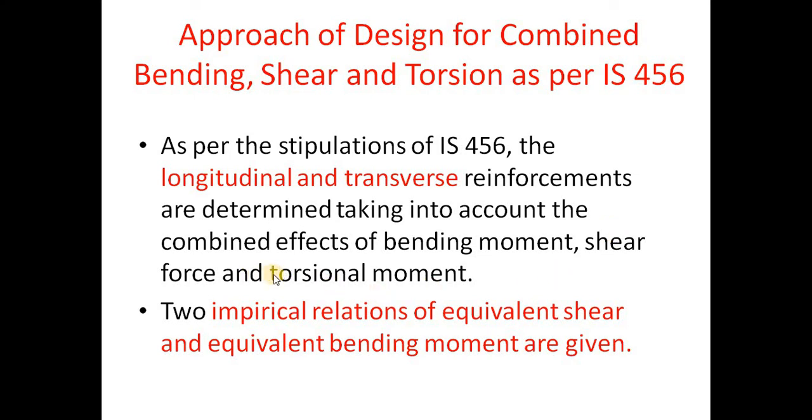I will just brief it. How do we consider this torsional moment? We are going to convert this torsional moment into a bending moment and shear force, and we are going to call them the additional bending moment and additional shear force. They are additive to the bending moment and shear force. So how to convert this? What are the clauses which are given? I will explain further.